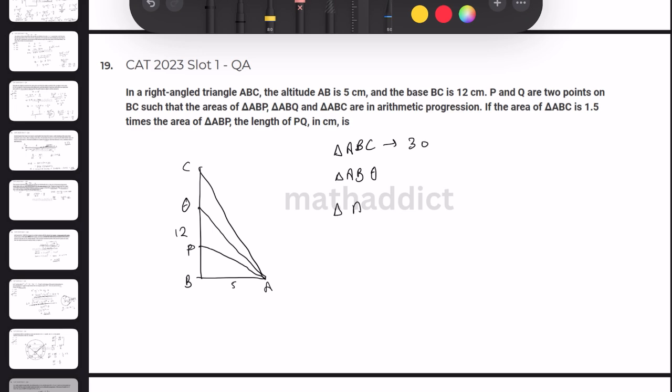We are given the area of triangle ABP is the area of triangle ABC upon 1.5, that is 30 upon 1.5, which is 20. That means the area of triangle ABQ becomes the arithmetic mean of these two, which is 25.